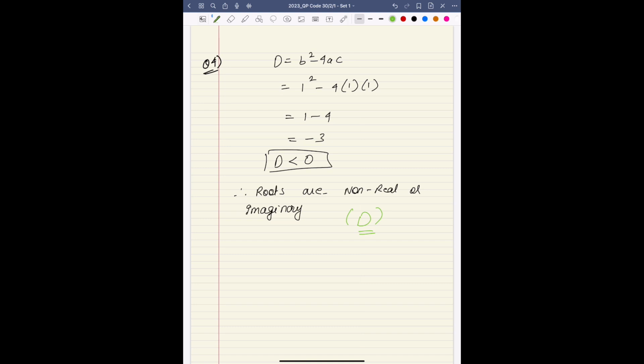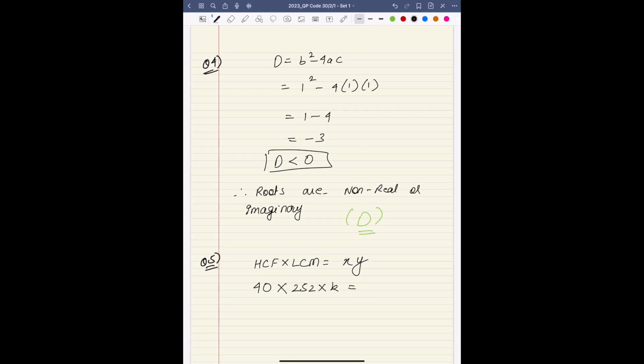This is a standard question which they ask. HCF into LCM is equal to the product of the numbers. So you need to simply use HCF into LCM equals the product of the numbers. Let's say the numbers are x and y, so you can use xy. HCF is given as 40, LCM is given as 252 times k, and we need to find the value of k.